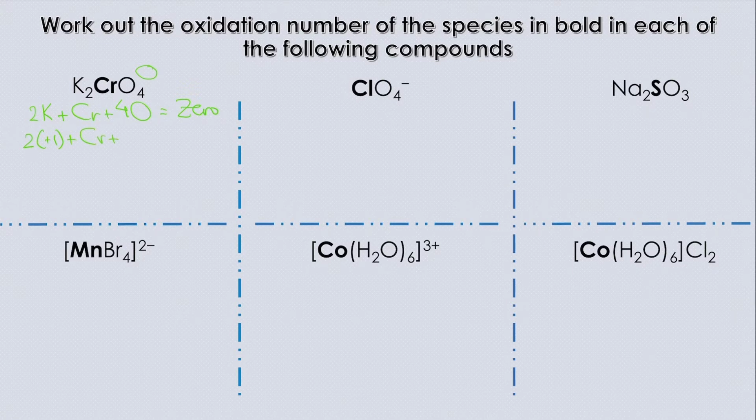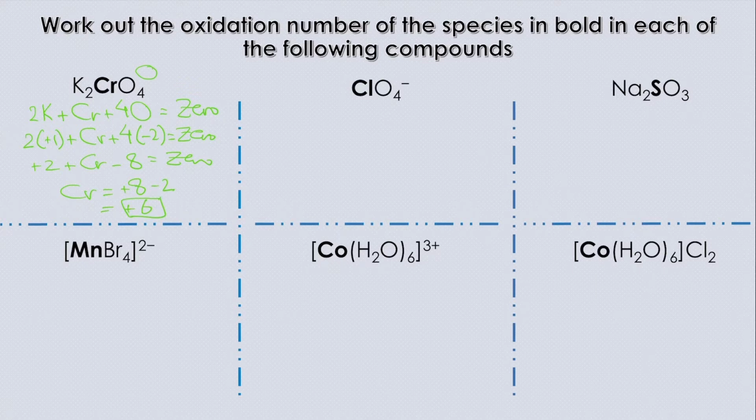Cr is what I want to calculate. Then O is -2, as we agreed from the previous video. So we have +2 plus Cr minus 8 is equal to 0. Then Cr will equal +8 minus 2. So Cr is +6.